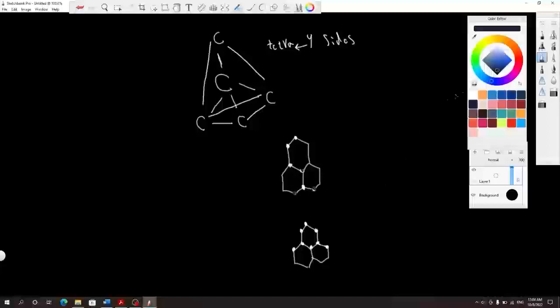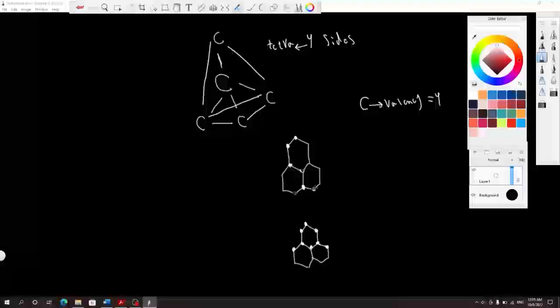Alright? Remember when we said that carbon has a valency of 4, which means that it needs 4 electrons to participate in chemical reactions and complete its outermost shell. Alright? It formed 3 bonds only, which means that there's a missing electron. No, it's not missing.